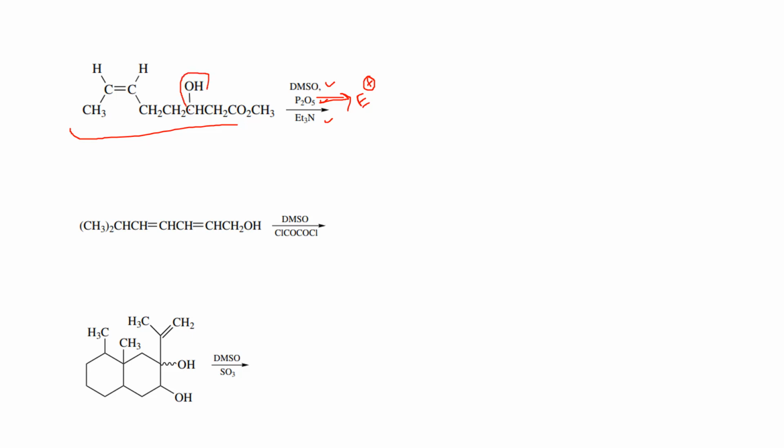Yes, there is an alcohol. And in DMSO oxidation, it will only oxidize the alcohol. It will not oxidize our double bond. There will be no such epoxidation or dihydroxylation which we discussed earlier. So it will just oxidize the alcohol. The other part will be unaffected.